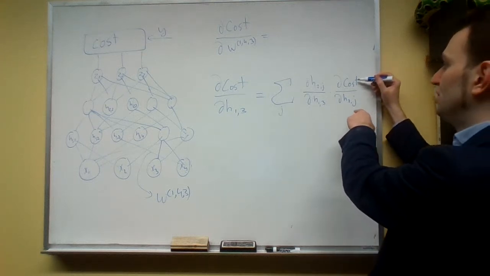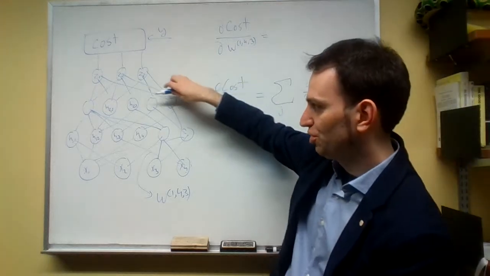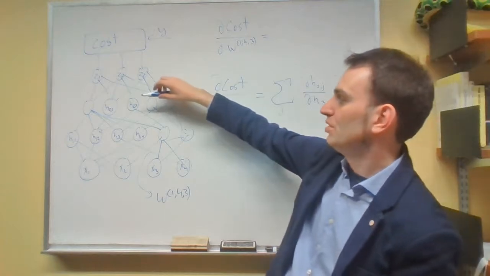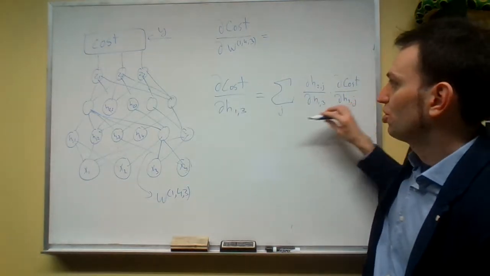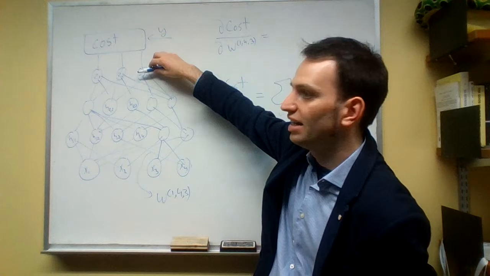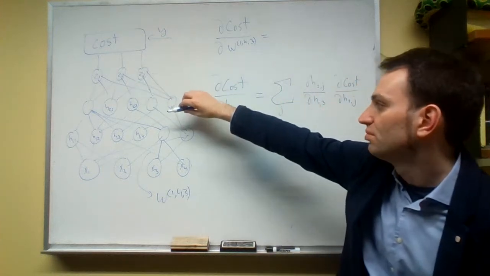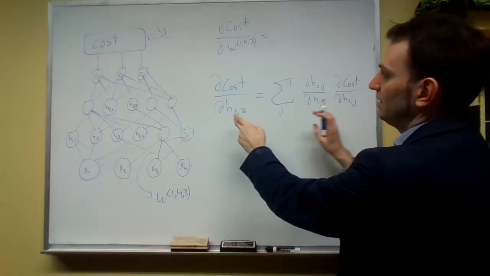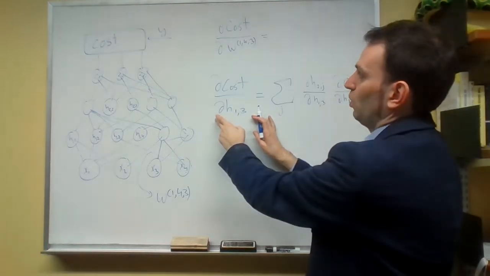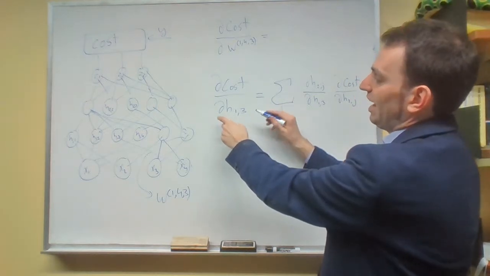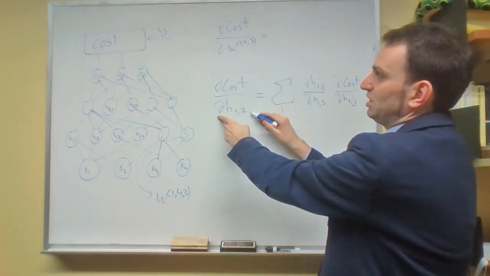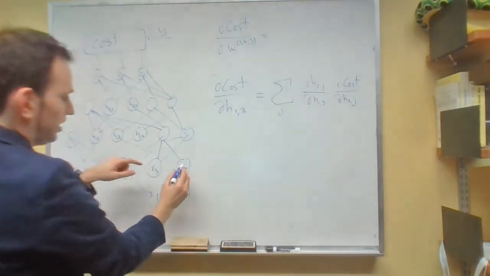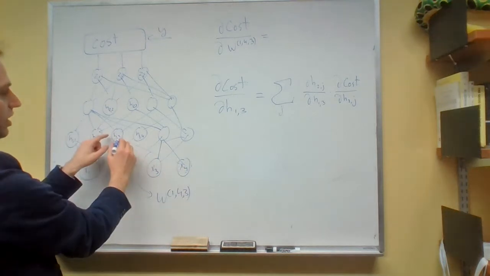So how do we compute the cost by dh2j? Presumably we've already computed it, but it would be a similar process, where you would compute the cost by dh2j in terms of the cost by dz and dz by dh2. So this is how you would compute that. Let's say that we have this. What can we do now? Well, having this, it's pretty easy to compute the cost by dw143. w143 is the weight that's connecting x4 and h13.